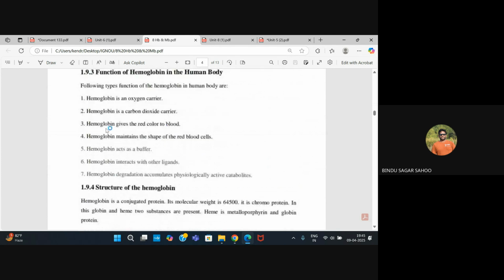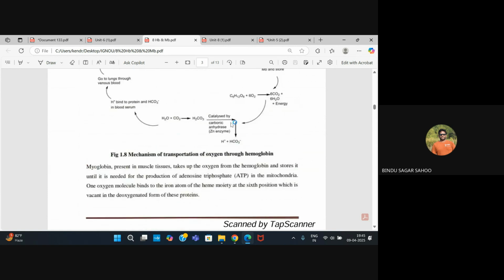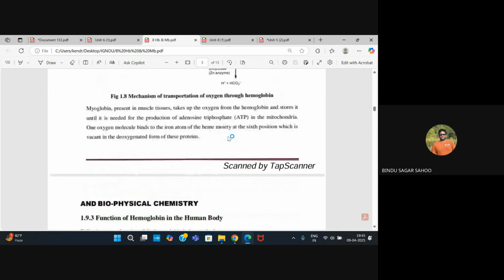We need to remember these points, the functions of hemoglobin. Hemoglobin is an oxygen carrier. Also, it is a carbon dioxide carrier. But due to the presence of the carbonic anhydrase zinc enzyme, carbon dioxide cannot remain isolated. It suddenly gets converted to H2CO3 or H plus and HCO3 minus ions.